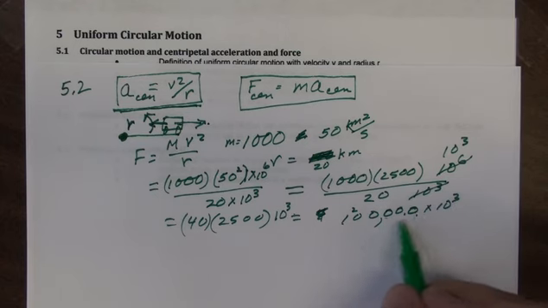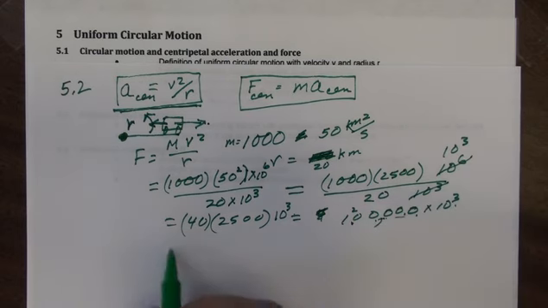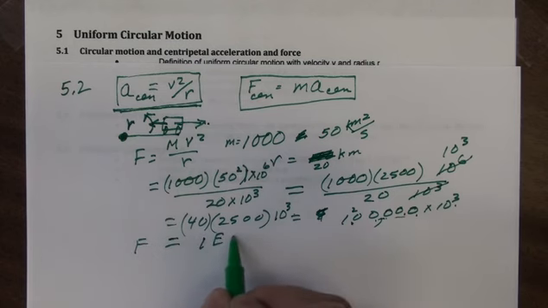So our answer would be, the force would be about 10 to the 8th, and that would be newtons. That'd be the force that'd be required to hold this car in place as it went around the corner.